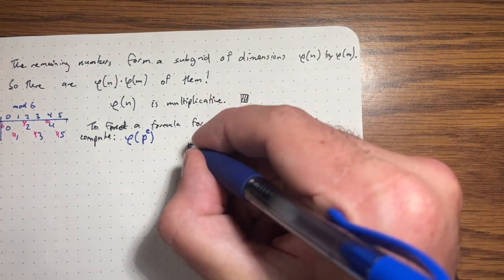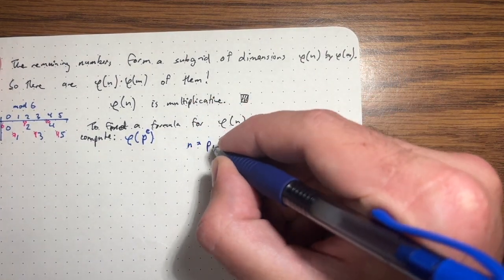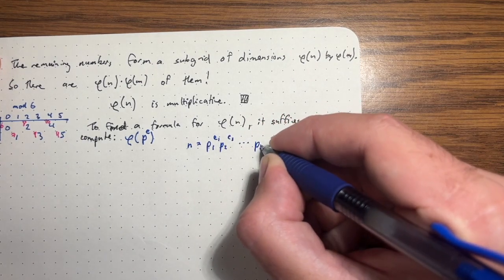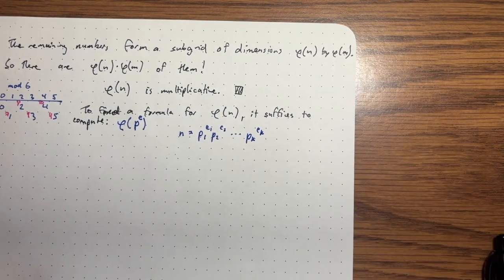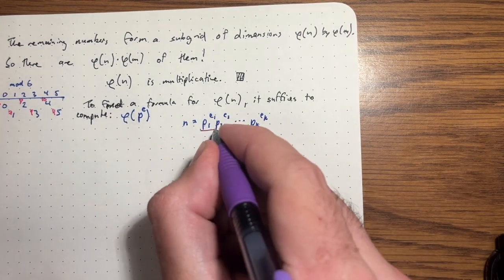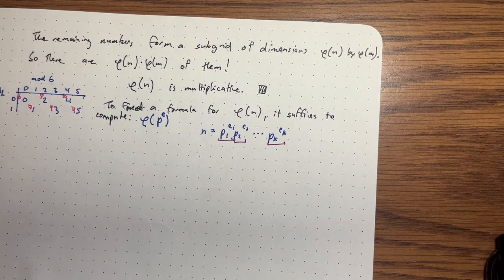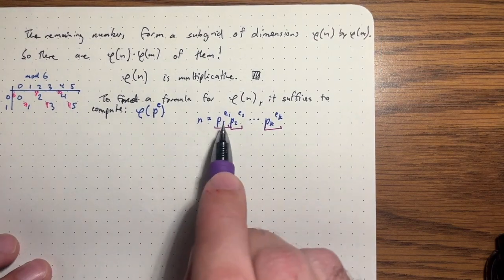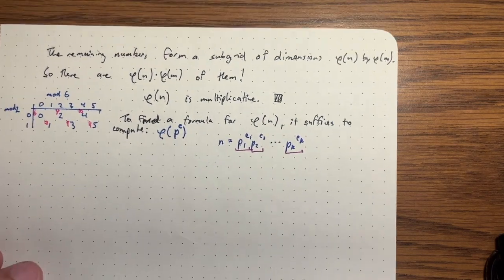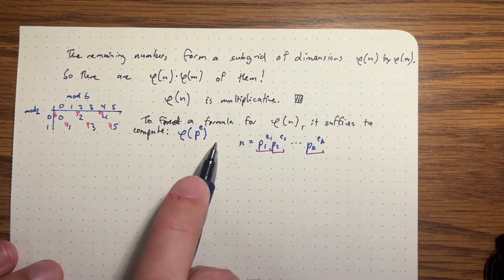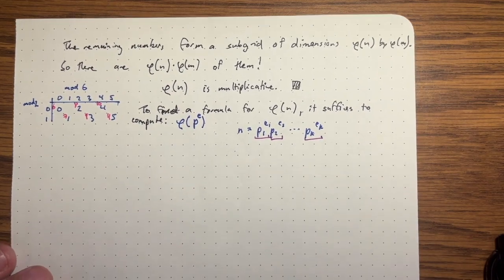And that's because n we can always write as p1 to the e1, p2 to the e2, etc., pk to the ek. And here's one way to break n apart into relatively prime elements. Just take each one of these. But we cannot break this itself into relatively prime factors. So we need to be able to compute it for an entire prime power.